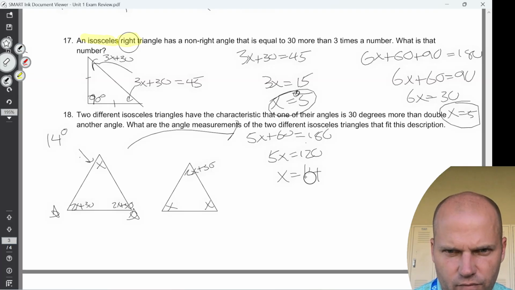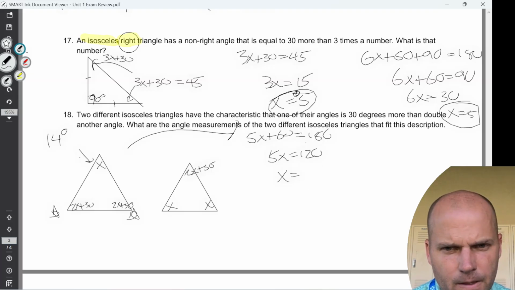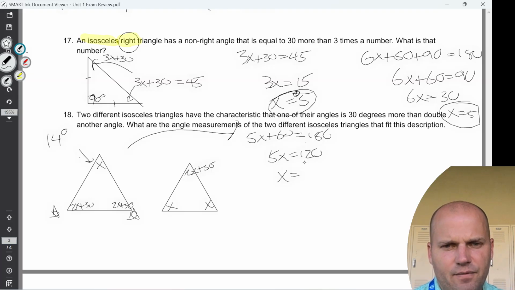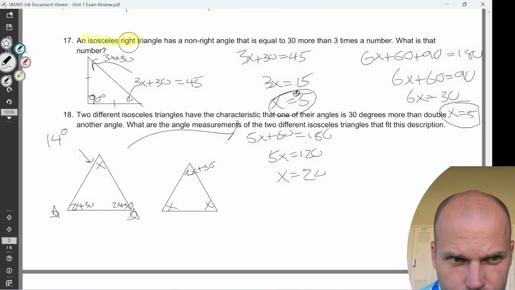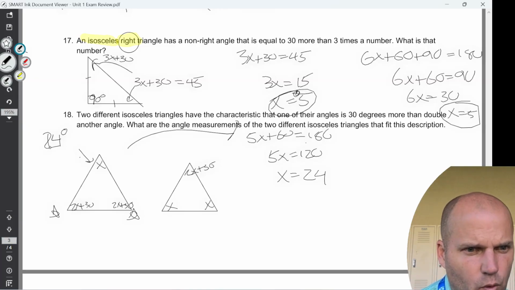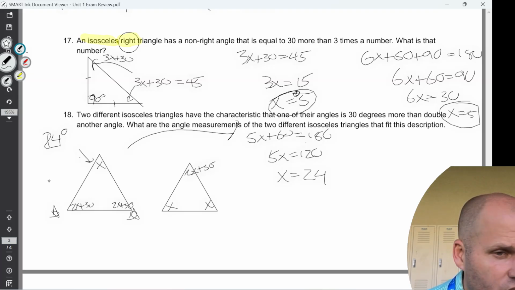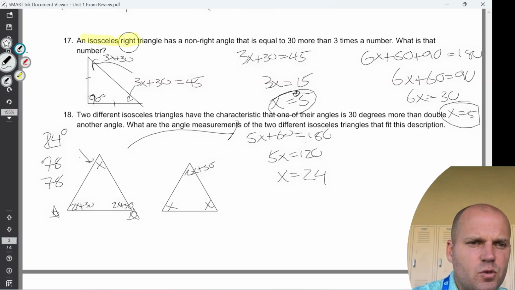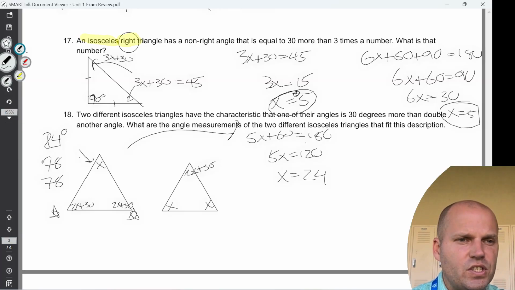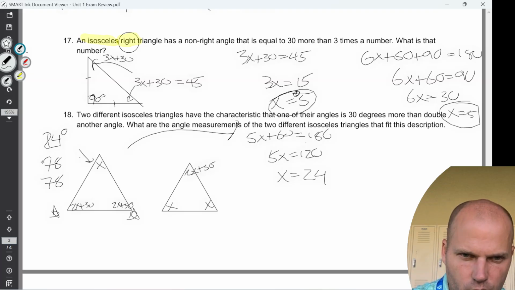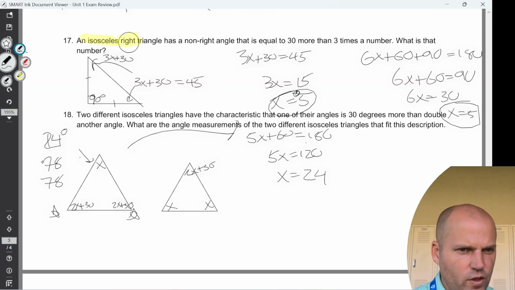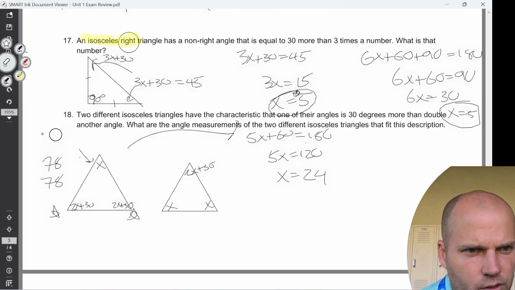Sorry, 24, not 14, 24. 120 divided by 5 is 24. So 24 doubled is 48 plus 30, 78. 78 twice is 156, and 156 and 24 is 180. Good. Great. So 24, 78, 78 is one answer.